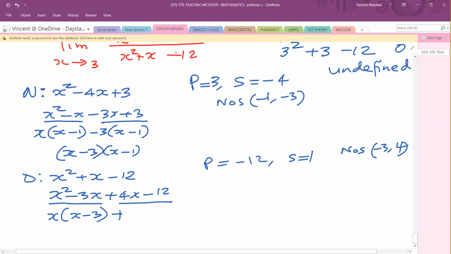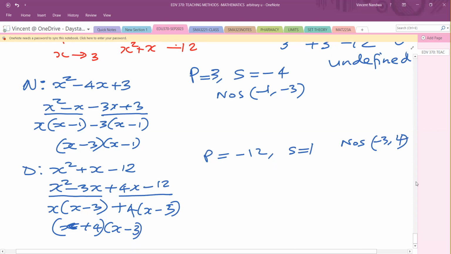Now what is common in the next pair? 4 is common. So 4 into x minus 3. Okay? So tunasema x inajoiniwa na plus 4 na pick one of the x minus 3 brackets. So yeah, which means now we have the factorization of both the numerator and denominator.